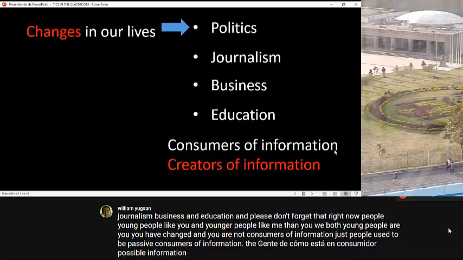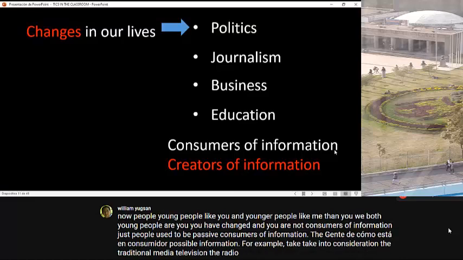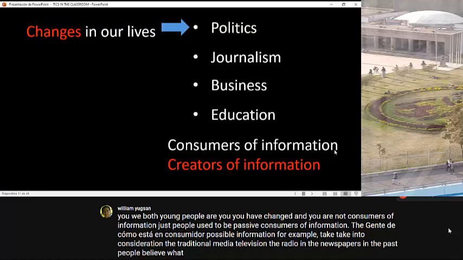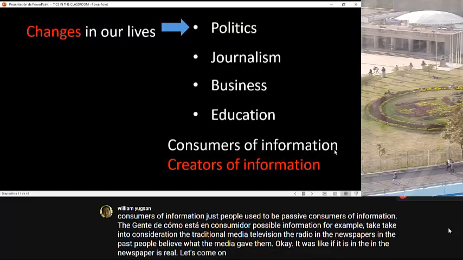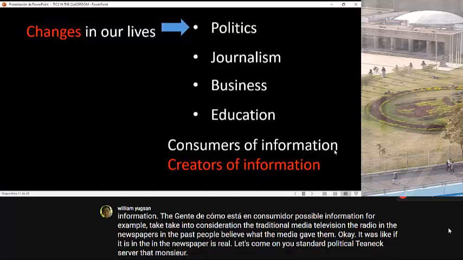For example, take into consideration the traditional media: television, the radio, the newspapers. In the past, people believed what the media gave them. It was like, if it is in the newspaper, it is real. Es como, si está en el periódico, tiene que ser verdad, ¿no es cierto? So, in the past, people were passive consumers of information.